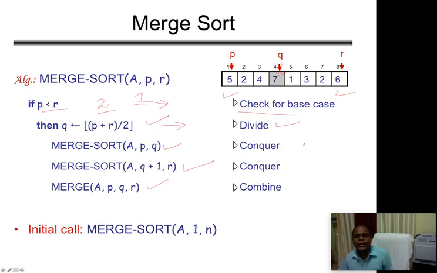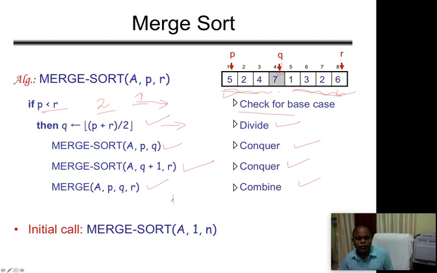Once you have divided, conquer means solve the subproblem: solve the left sub-array using the same method, and solve the right sub-array using the same method. Once we obtain the solution of the left sub-array and the solution of the right sub-array, then merge the two sorted subsequences to get the solution of the sorted array.